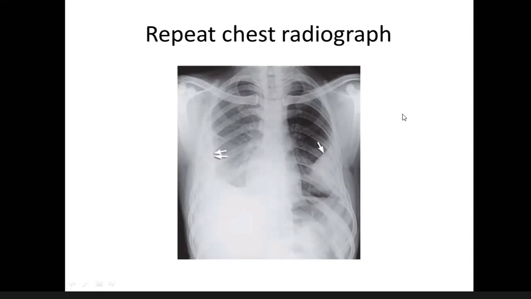Right, but even on the right side, it looks like encysted, isn't it? Going right up to here. Not only on the left side, even on the right side the patient has developed an encysted pleural effusion.